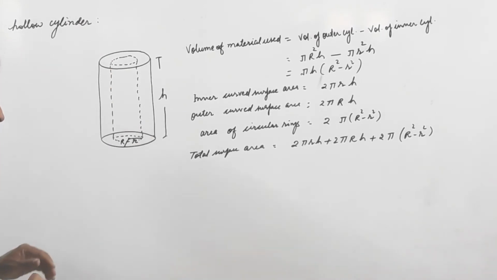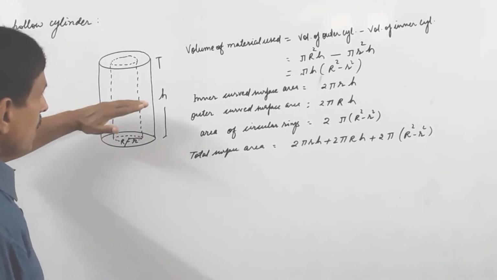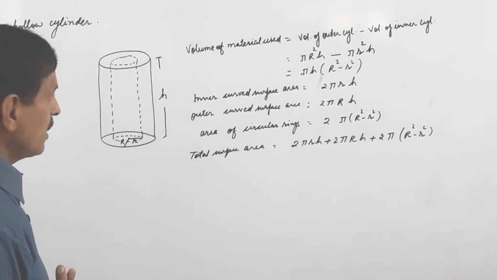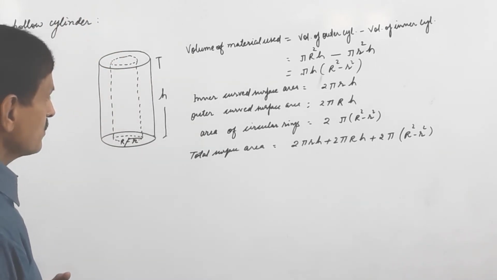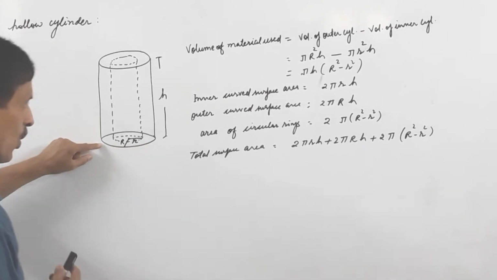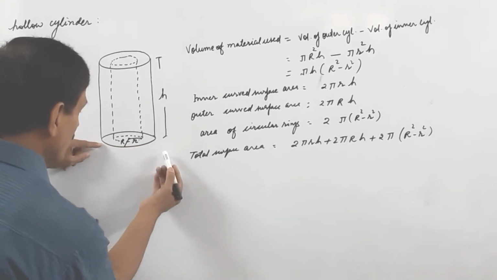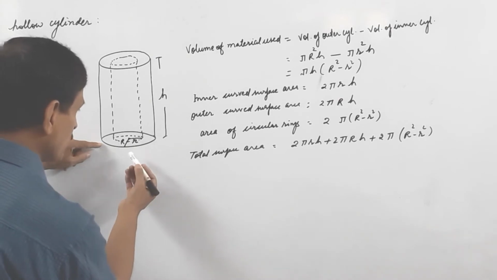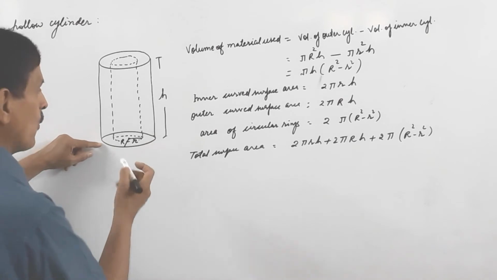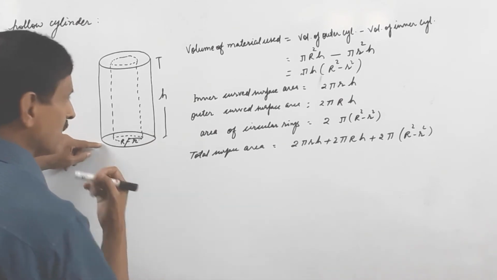In that case, there is no change in the ring, upper ring, but on the base, as it is closed, so this is not a ring, and that's why the base area is area of the outer circle.